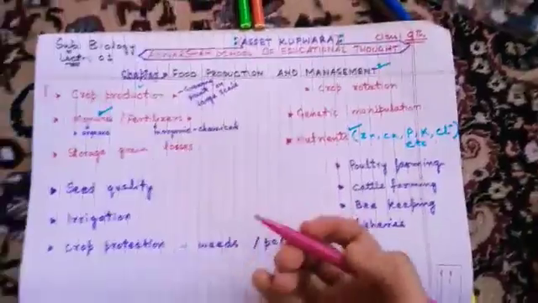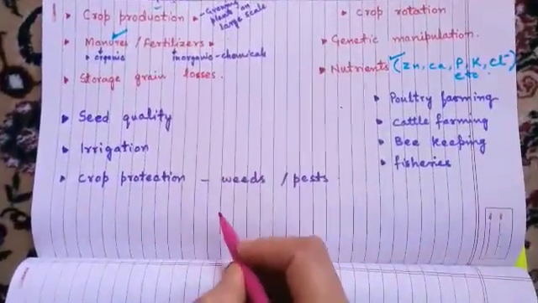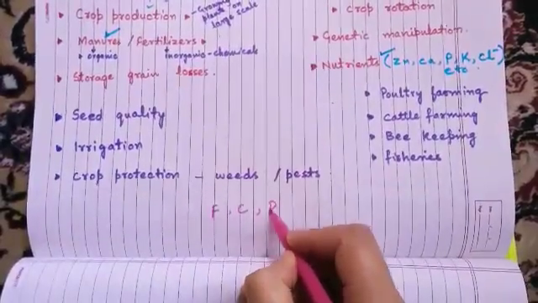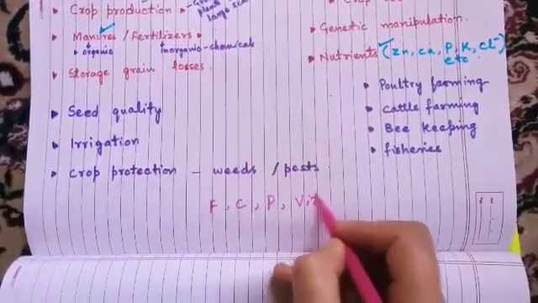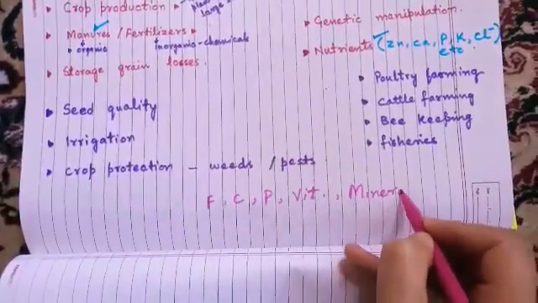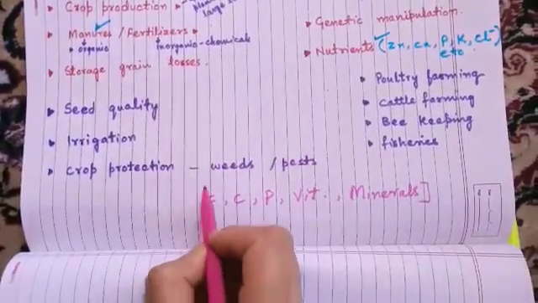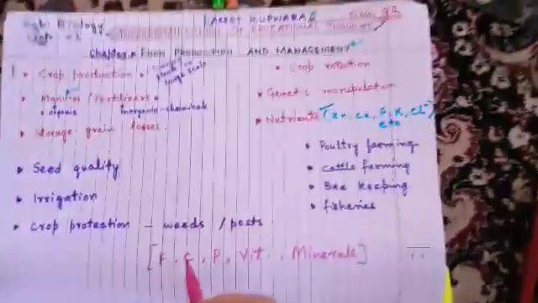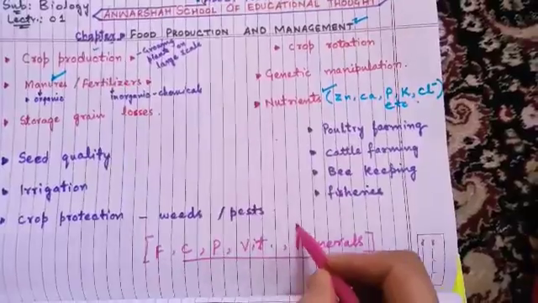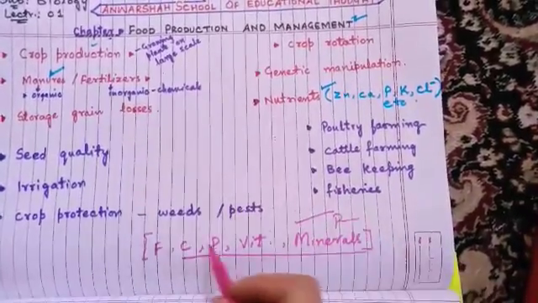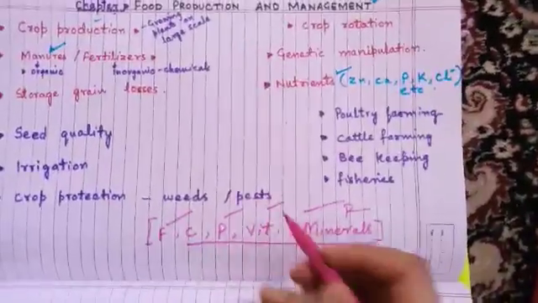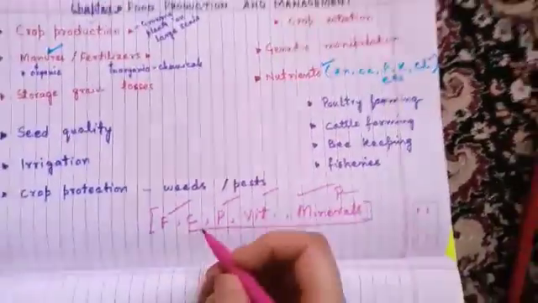For example, we need fats, carbohydrates, proteins, vitamins, minerals. All these components of food come from plants mainly, and fats, proteins and vitamins also come from animals.